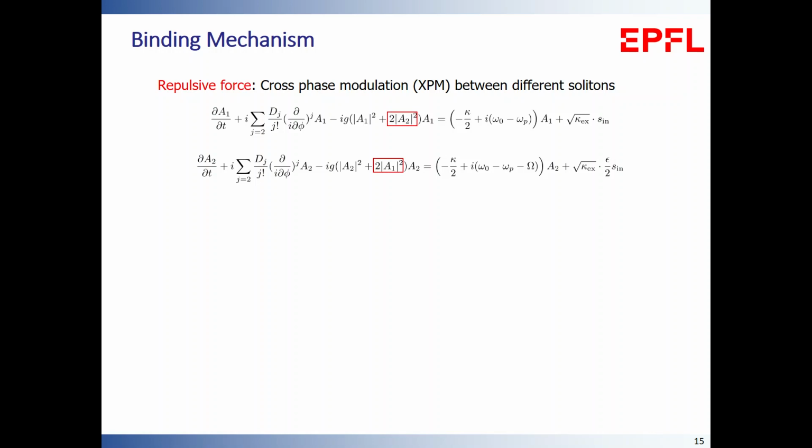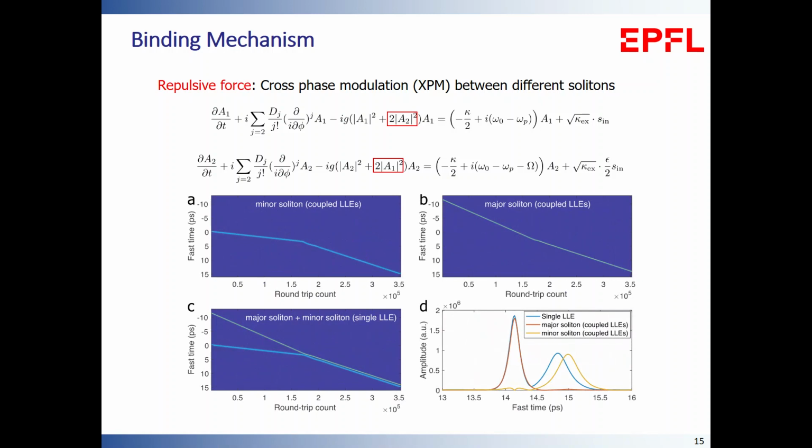So here is what I did. I use one LLE to simulate one soliton that is pumped by one laser, and then use a separate LLE to simulate the second soliton that is pumped by the second laser. So they are separated, but there's only one coupling mechanism in between, that is the cross-phase modulation that I put here. If you know how to simulate one single LLE, then this is pretty simple.